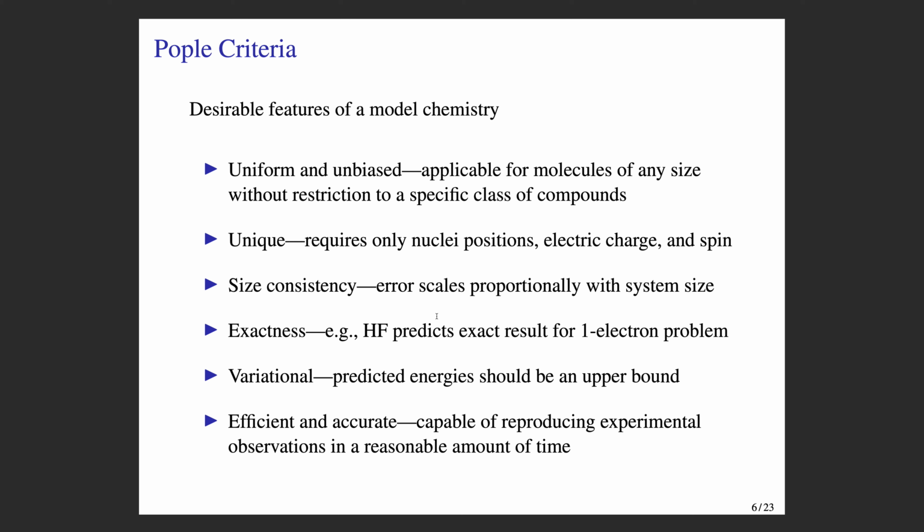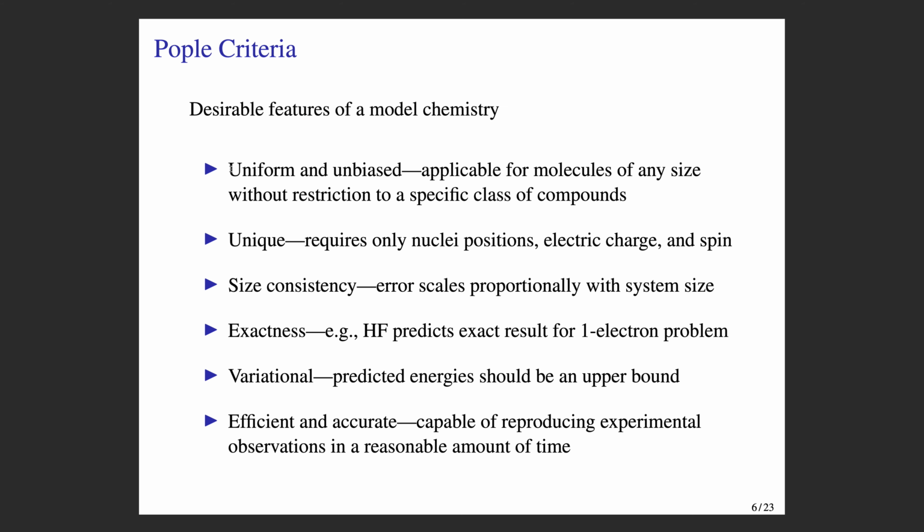In fact, he shared the Nobel Prize with another computational chemist for his work on developing methods for performing electronic structure calculations. And in one of his papers, he identified the desirable features for a model chemistry. And I just wanted to go through them here because they highlight some of the important aspects of computational chemistry.